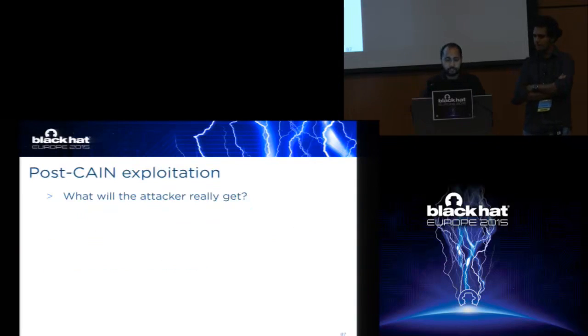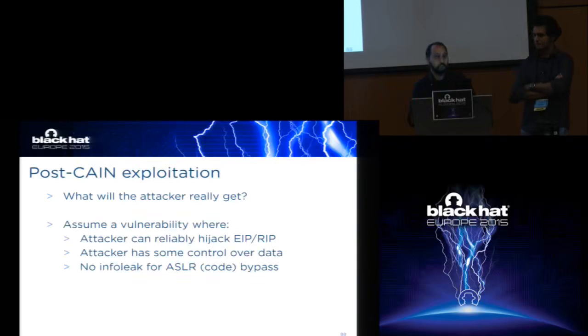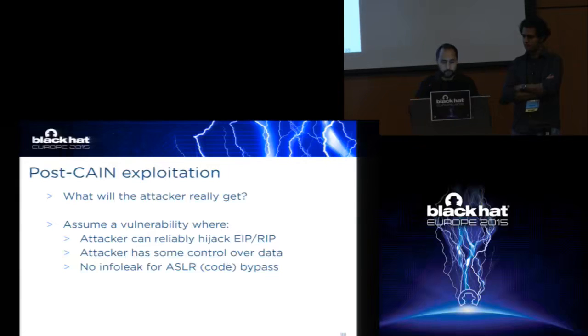But still, what will the attacker really get? I mean, in the end, it's just a base address. So what we assumed in the beginning is that the attacker knows a vulnerability where he can reliably hijack the instruction pointer. And the attacker has, at the point where the vulnerability triggers, some control over maybe some values in the registers or over some data. And we also assume that for these particular vulnerabilities that are interesting to first perform a Kane attack in the cloud, the server process doesn't have an info leak vulnerability.